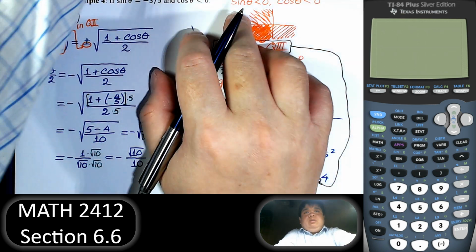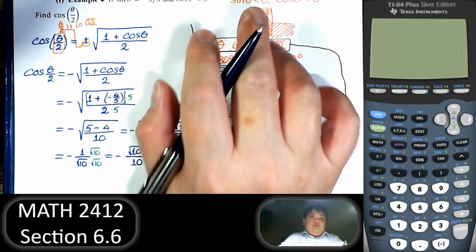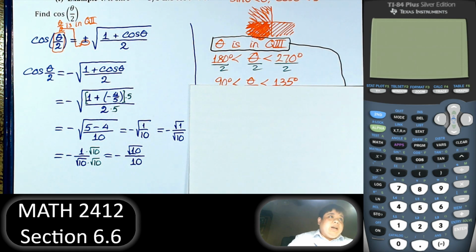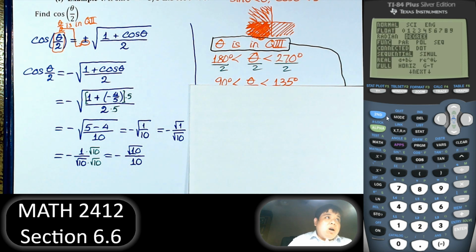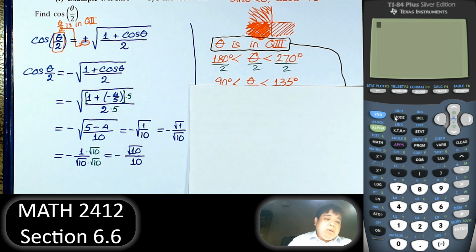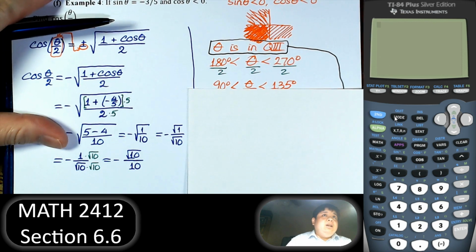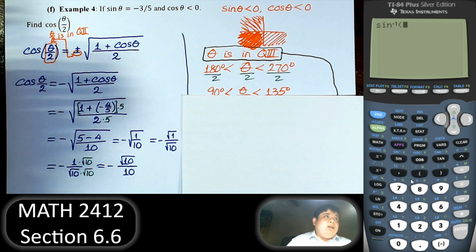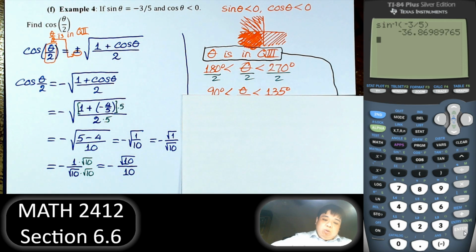Right, now if we check with the calculator on this one, we have to be a little bit careful here. First of all, let's keep things in degree mode so it is easier to determine what quadrant we are in. Sine of theta is equal to negative 3/5. So if we take inverse sine of negative 3/5, that is not in quadrant 3 that we want.